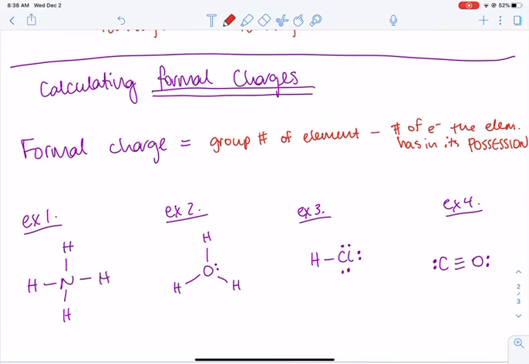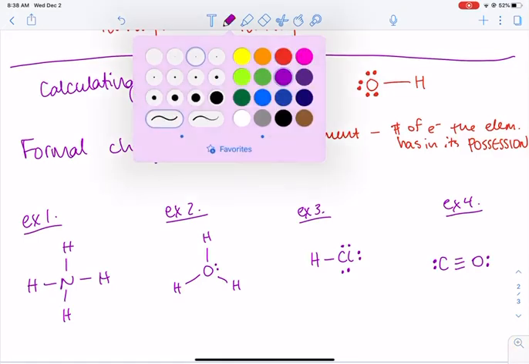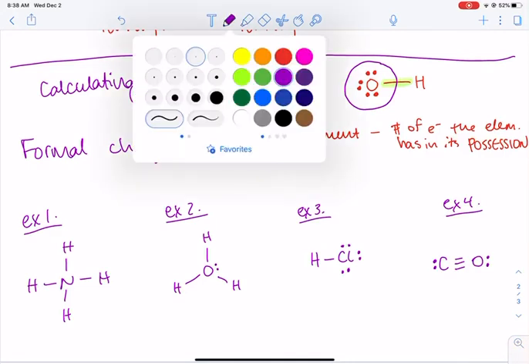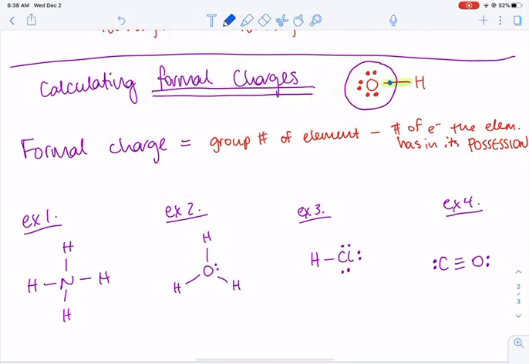Say, for example, we had something like this. If I wanted to figure out the formal charge for oxygen, what I would do is draw a circle around the oxygen, making sure to capture all the lone pairs and to cut in half, bisect, any bonds. Now we know that each bond has exactly 2 electrons in it.